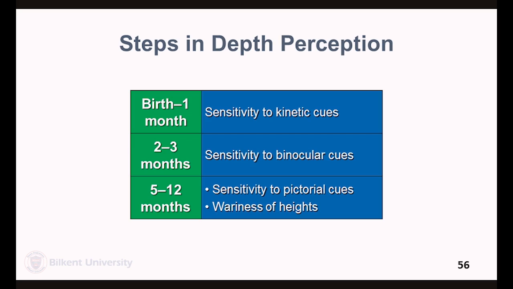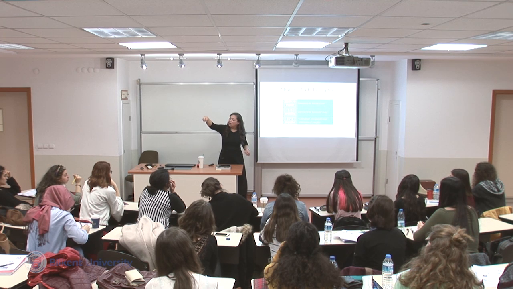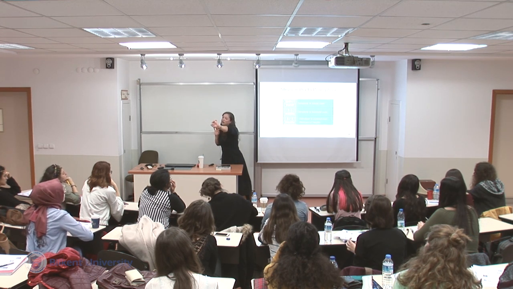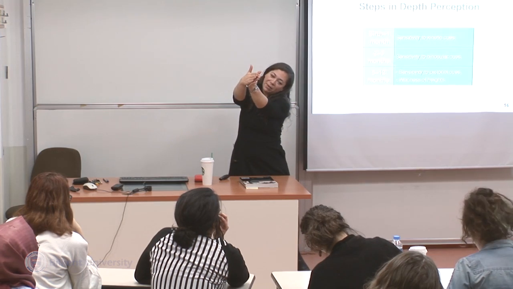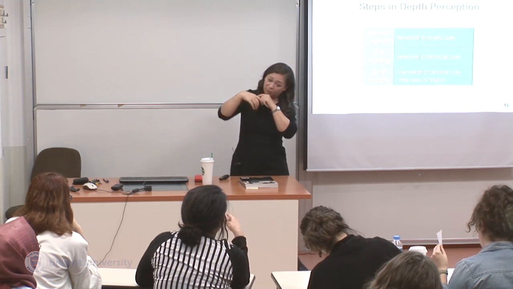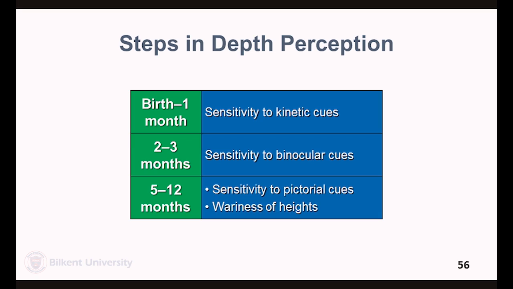At 5 to 12 months, they are sensitive to pictorial cues. Pictorial cues are the cues that artists use when they make a painting to give you depth perception. They, for example, make lines that get longer and sometimes overlap as they go into the distance, the perspective, right? So they become more sensitive to pictorial cues around 5 to 12 months, and they become wary of heights.